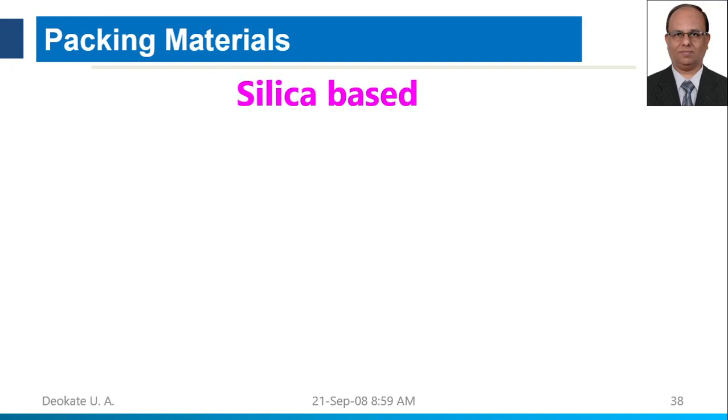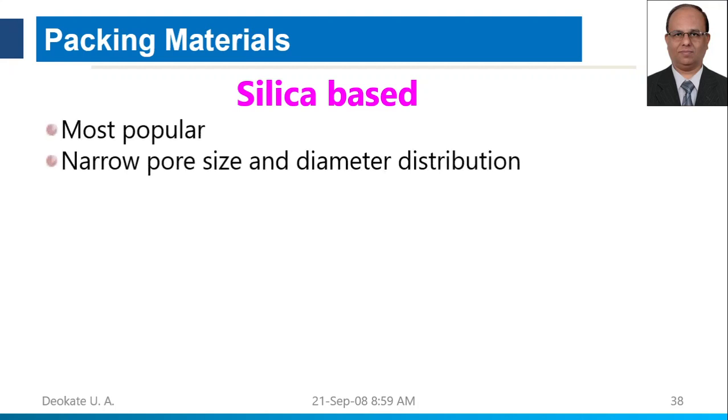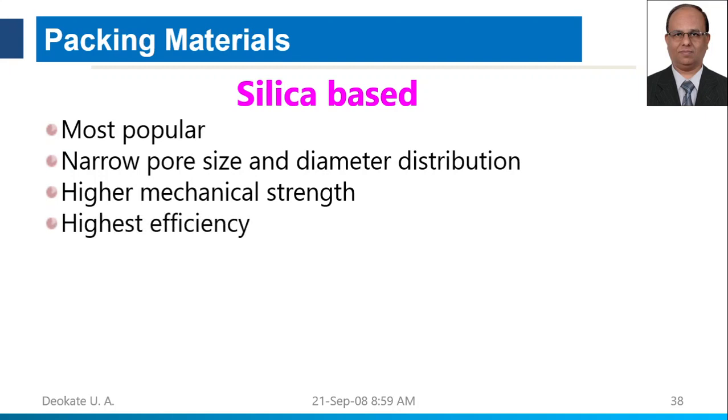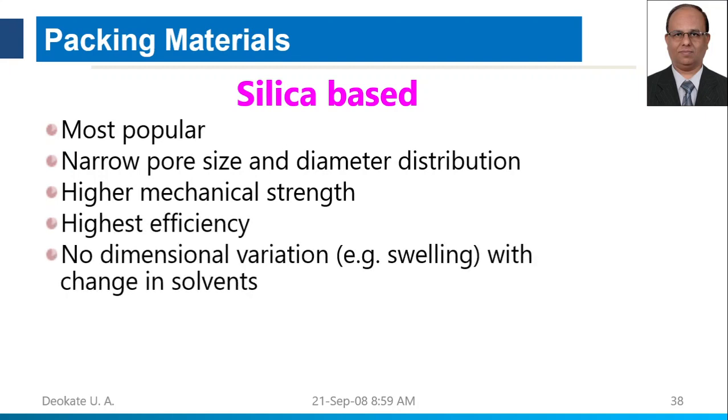Generally used packing materials include silica based packing materials, which is most popular, having narrow pore size and diameter distributions. It has higher mechanical strength, highest efficiency, and no dimensional variation, which is there with certain polymer bases.